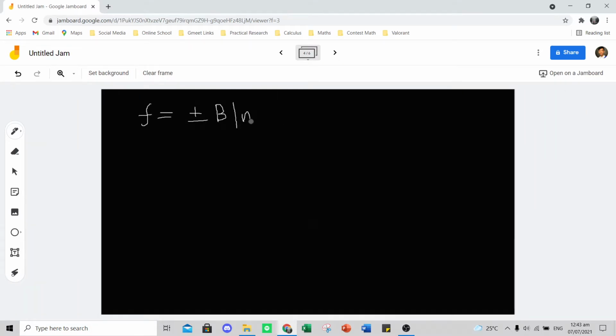We're left with the absolute value of n minus x raised to -n, or plus or minus b over, and we can negate the absolute value because we already have a plus or minus here. So this is just n minus x raised to n, and this is our final function for f.